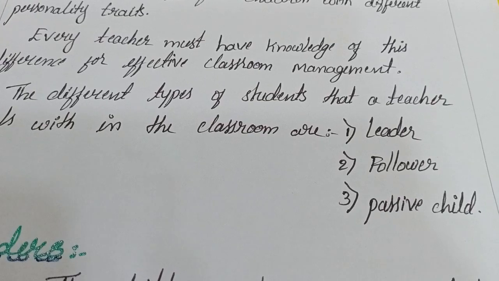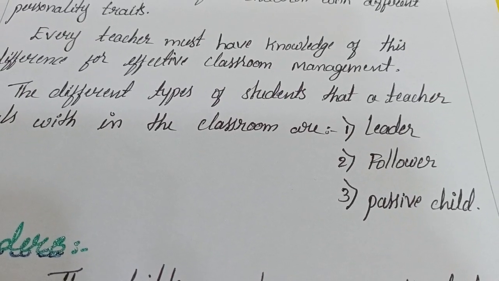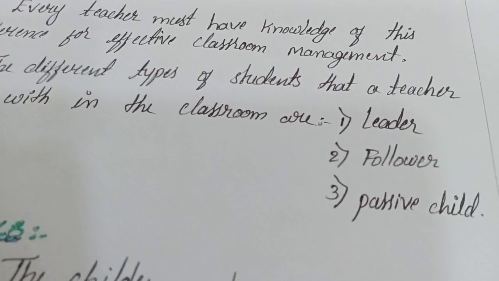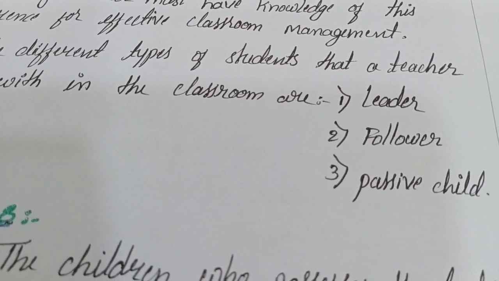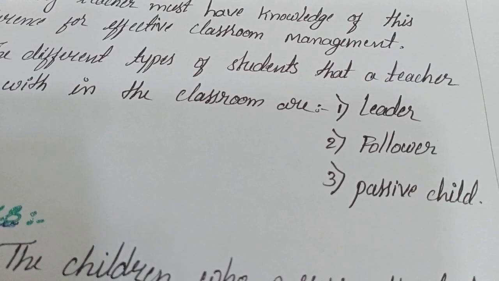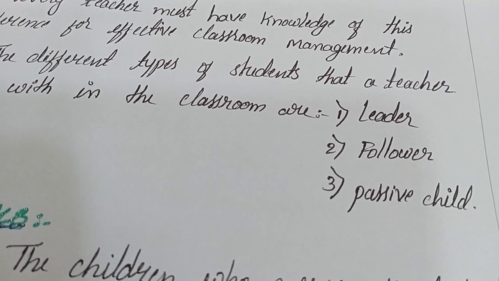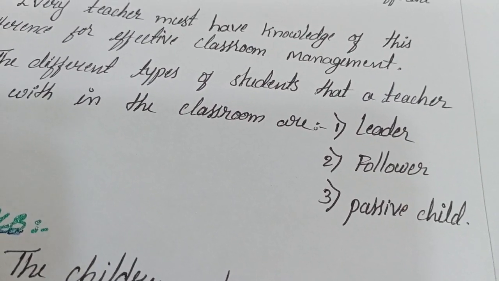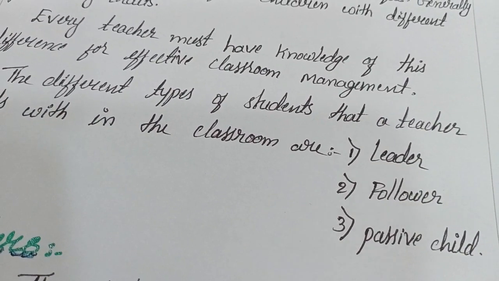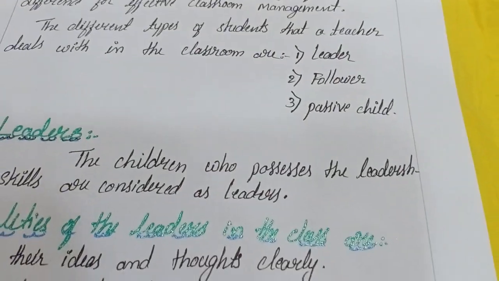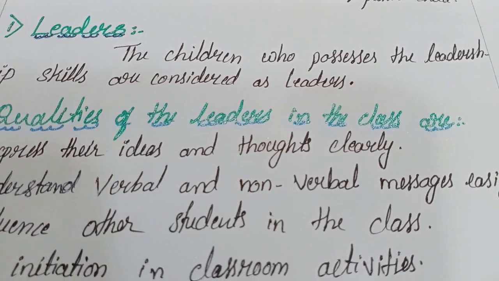Some are good students, some are active students, some are passive students. Here we are going to know one by one, in detail, the qualities students should have, which qualities a leader has, and what activities they have to do in the classroom. The first one is leaders.